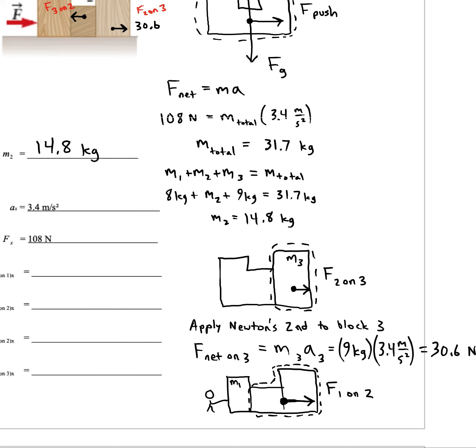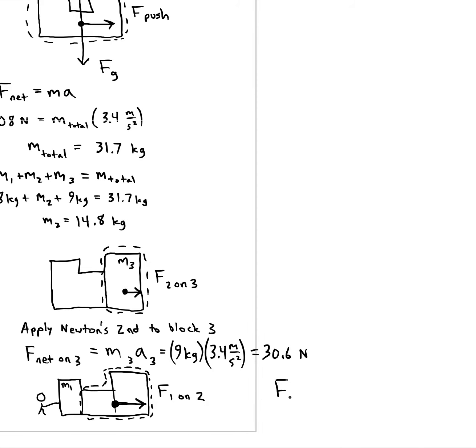Alright, so now we just do the math again. Let's call it F of 1 on 2. It's going to be M2 plus M3 times A, where M2 and M3 are the masses feeling the force.